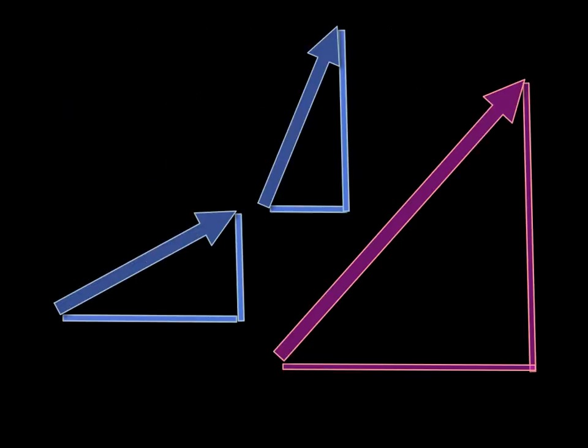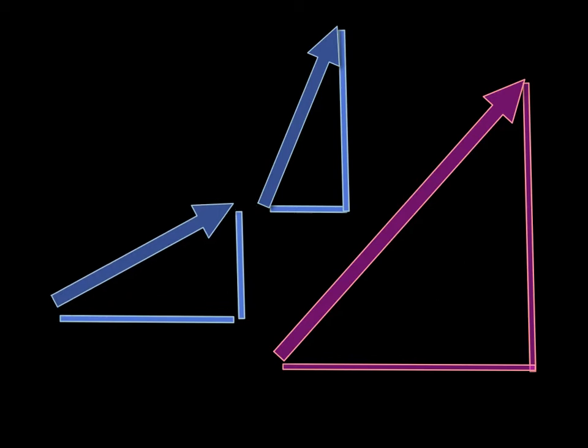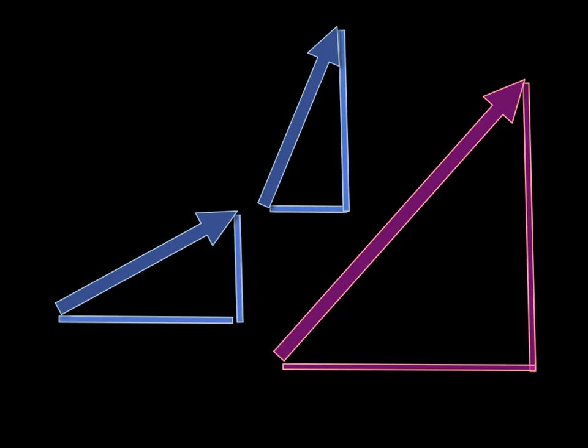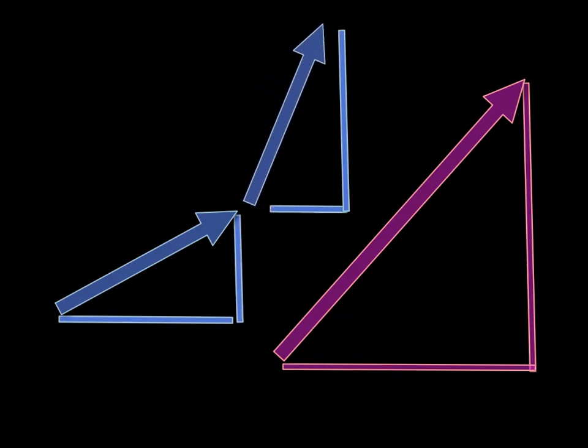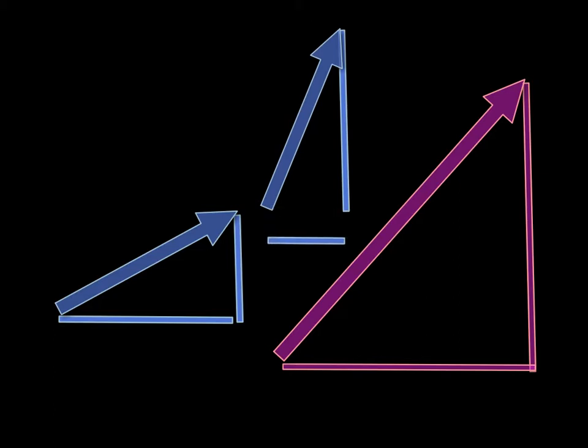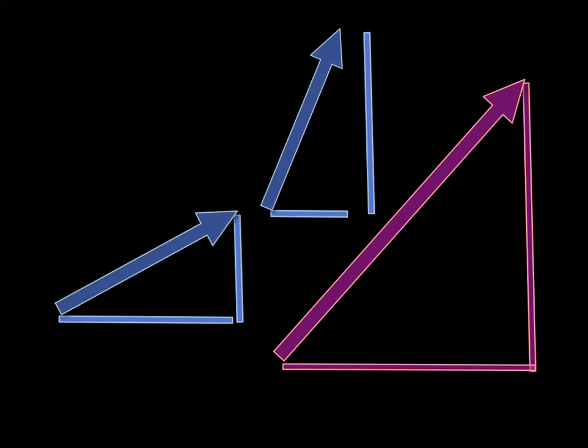The method we're going to use to add two vectors and determine the resultant vector is some basic trigonometry. We're going to break each vector into its horizontal and vertical components. This vector has a horizontal and a vertical component. This vector also has a horizontal and a vertical component.